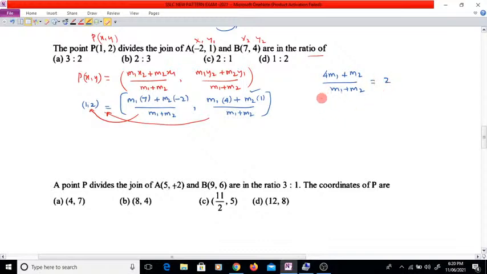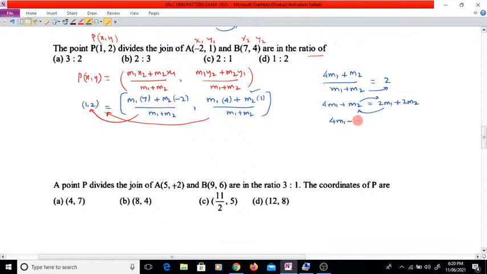So with cross multiplication, 4 m1 plus m2 equals 2 into m1 plus m2, that is 2 m1 plus 2 m2.